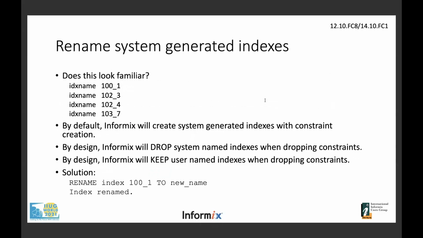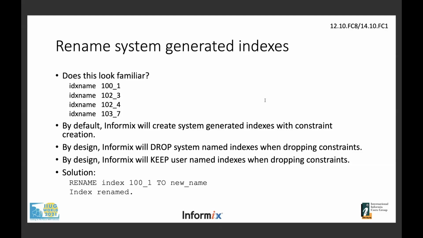The next one was kind of a pet peeve of mine for maybe 20 years, where these system named indexes, when you created constraints like primary keys and foreign keys, the system would create an index for you if you didn't have an index already there. So they had these names that started out with a space followed by a number, and you couldn't rename them. And they're kind of system generated numbers that don't mean a whole lot.